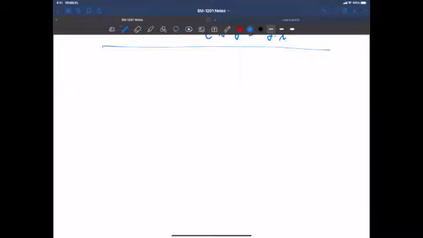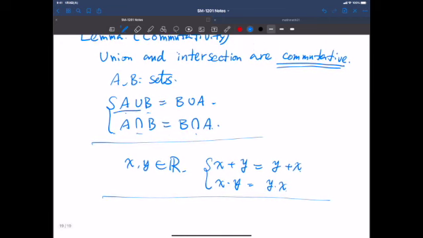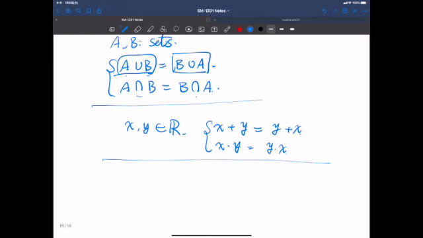To prove that two sets are equal, this is a set and this is a set, what we do is this.